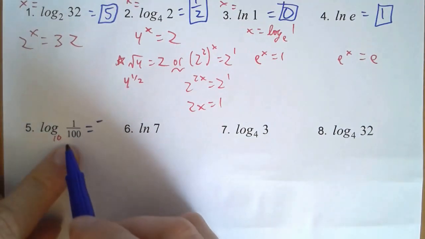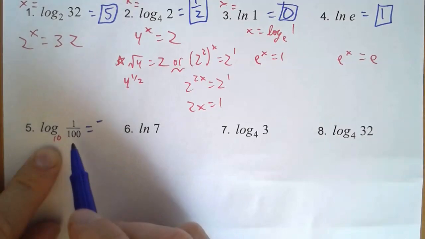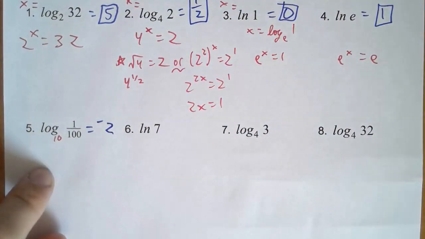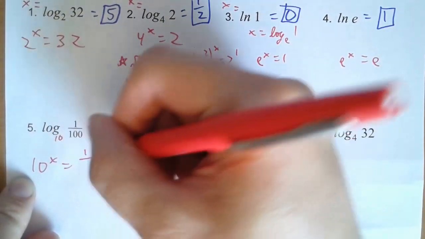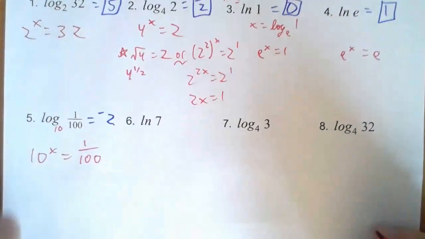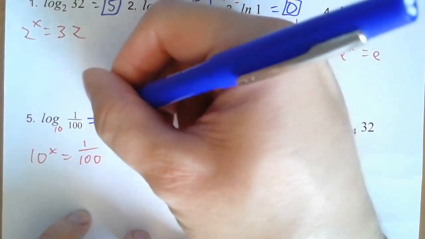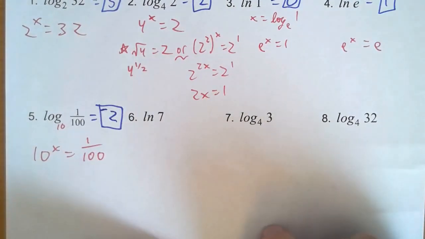Then 100, well, what kind of exponent do I put on 10 to get 100? 10 squared is 100. I want negative 2. Again, if you needed to see this a little bit more, we're thinking 10 to the x is 1 over 100 is what we're looking for here. Fraction means negative, and then 2 zeros means the exponent's 2.